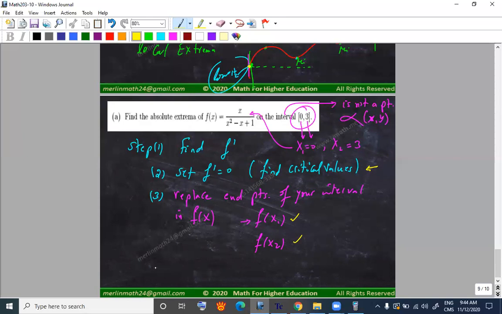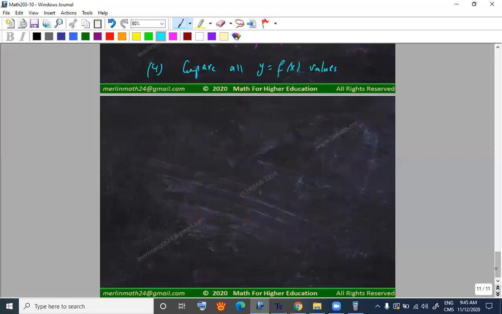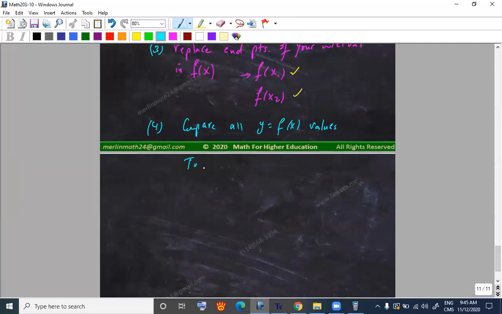Anyhow, step 4 is compare all the f values, compare all y values, all y equal f of x values, and you pick the highest and the lowest.